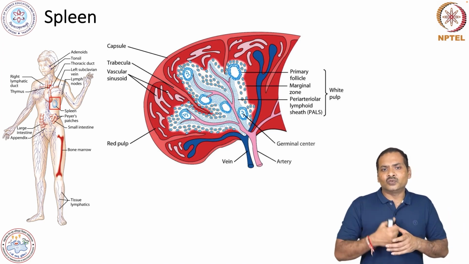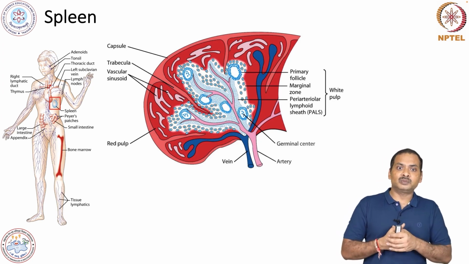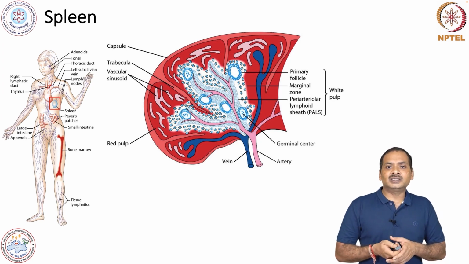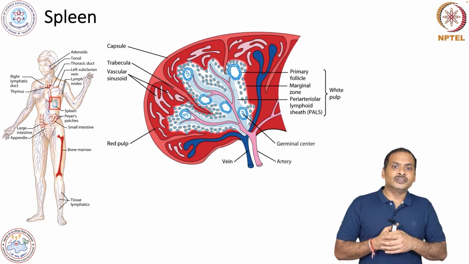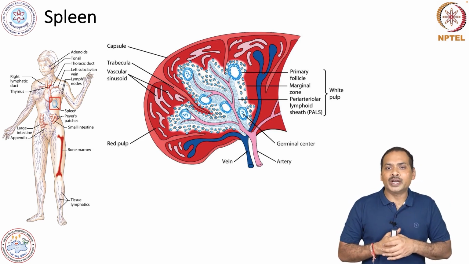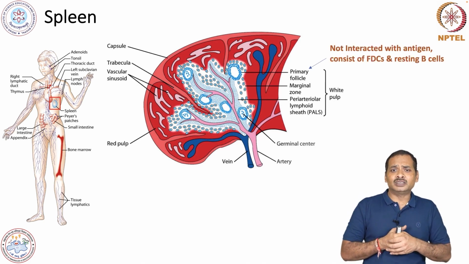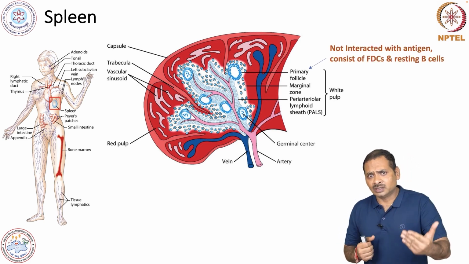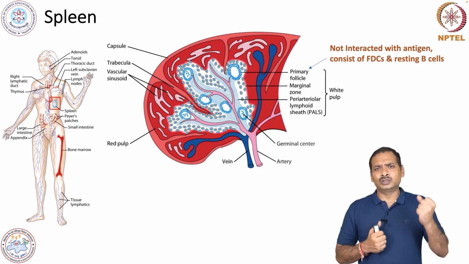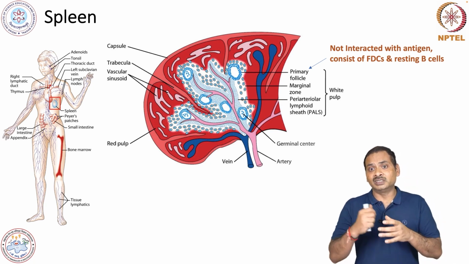When you look at the white region, there is a primary follicle, which I will explain, and there is a marginal zone, and a structure which we call the periarteriolar lymphoid sheath. So this constitutes the white pulp. And what is this primary follicle? Here I will give you the concept of primary follicle, secondary follicle or germinal center.